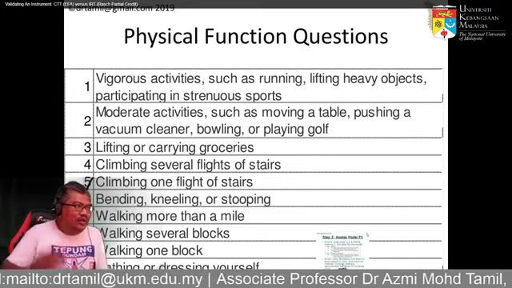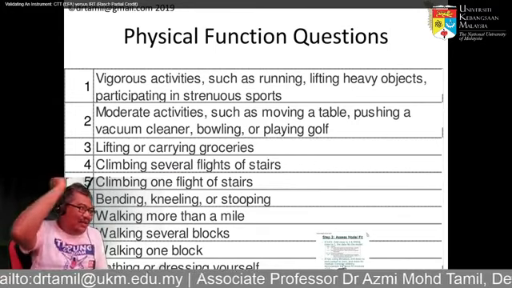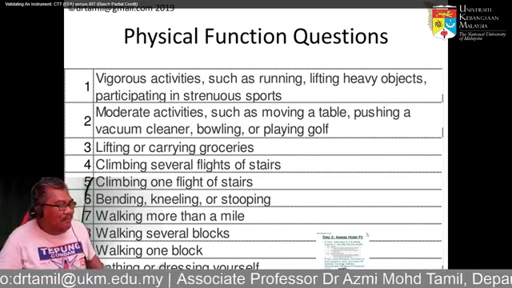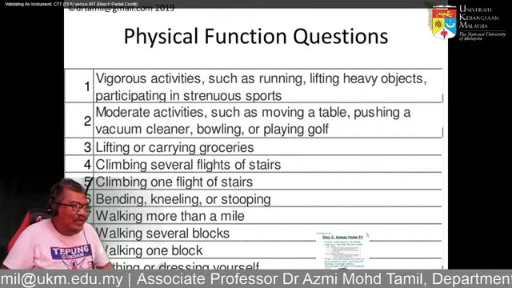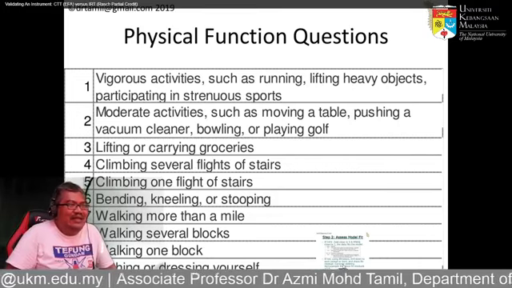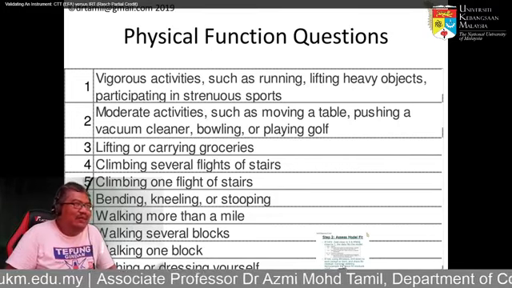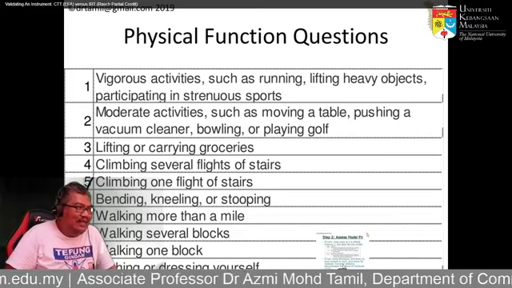So what are the 10 questions? The real truth is I do not know what was the real questions for this data set. So I'm just guessing.